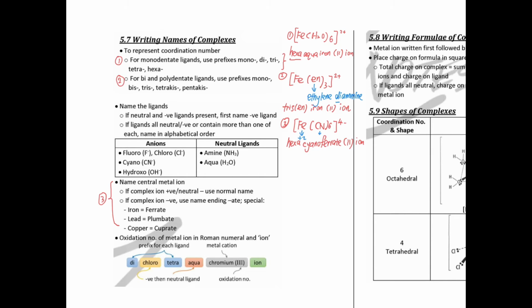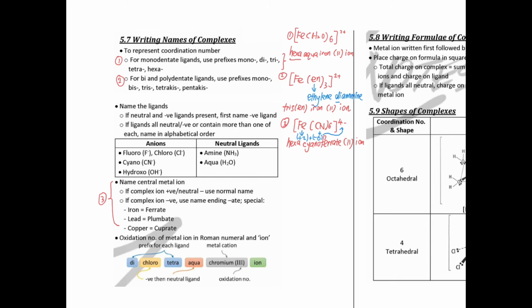And the cyano or the cyanide ion is having a charge of negative 1 each. And 6 of the cyanide end up with negative 6. Okay, negative 6. So positive 2 plus negative 6 ends up with negative 4, the overall charge.